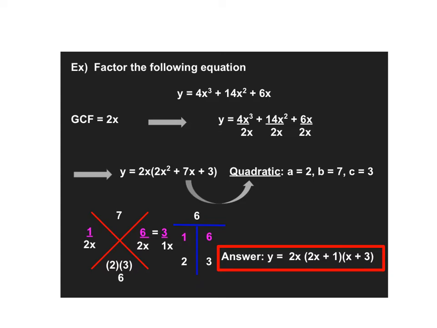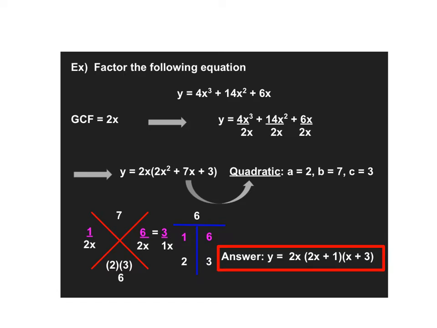So if you take a look at each of these pieces, I've got the number 4, number 14, and the number 6. All of those numbers are divisible by 2. And the largest number that divides into 4, 14, and 6 is 2. And so that's why 2 is part of the greatest common factor.